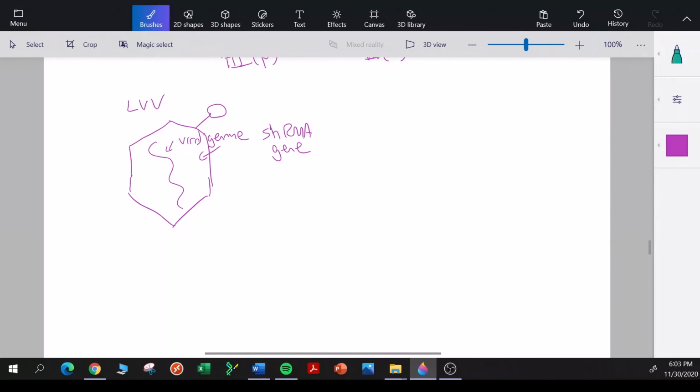Just a short hairpin RNA gene between those partial LTRs.